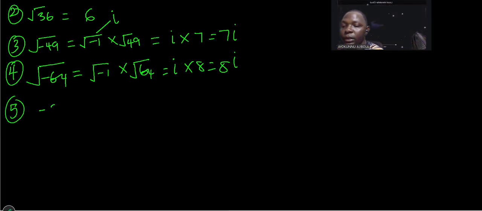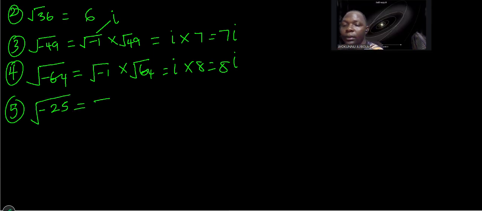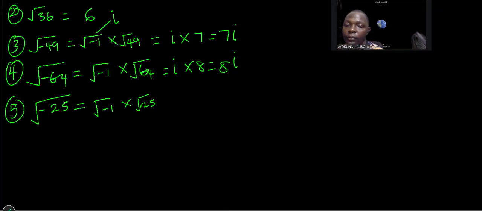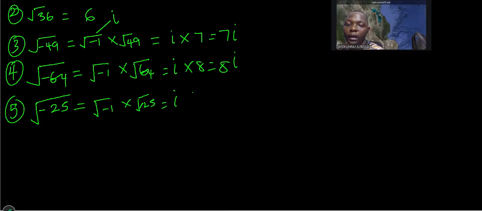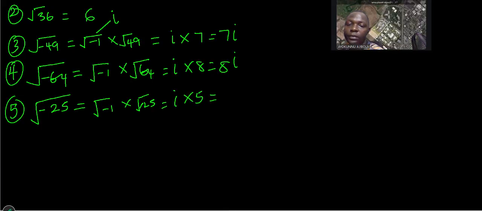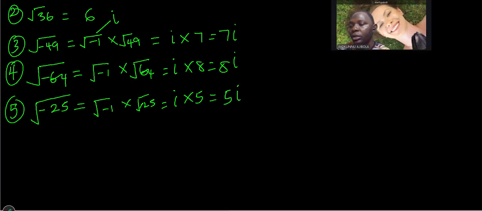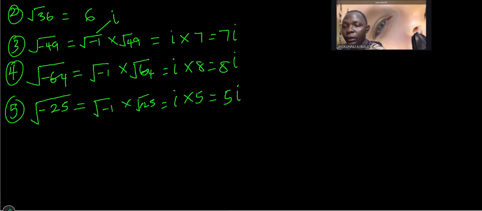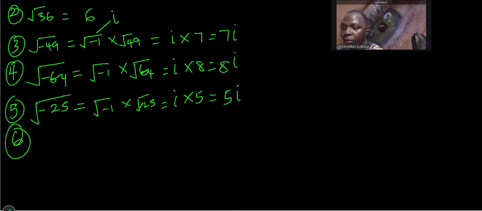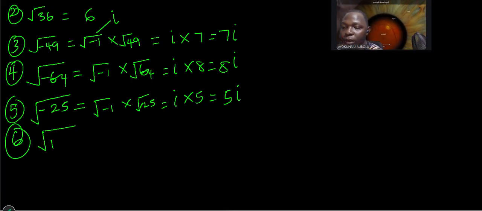If we have the square root of minus 25, we're following the same step: minus 1 times 25. So we have i times 5, which is 5i. Very good.